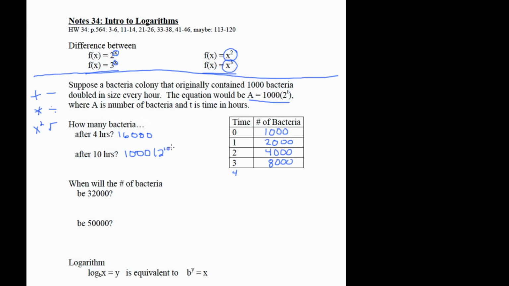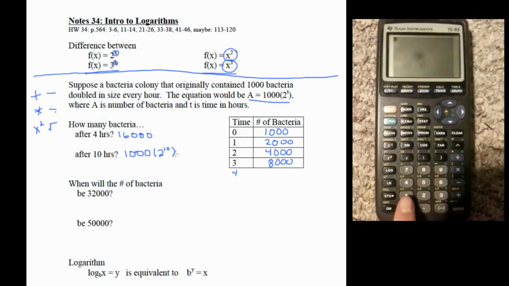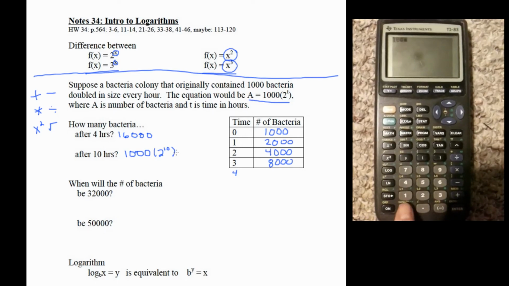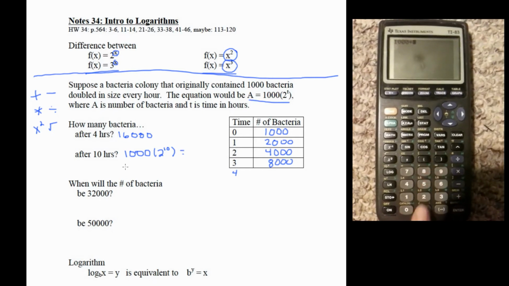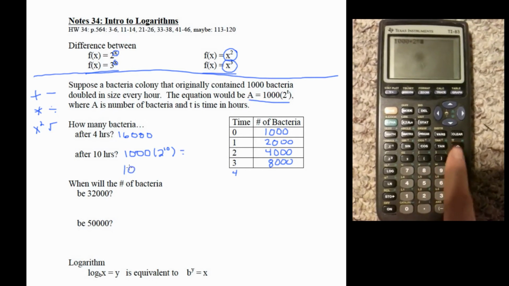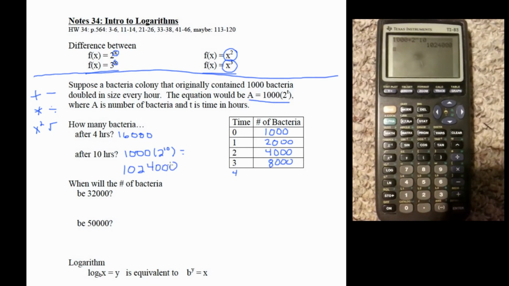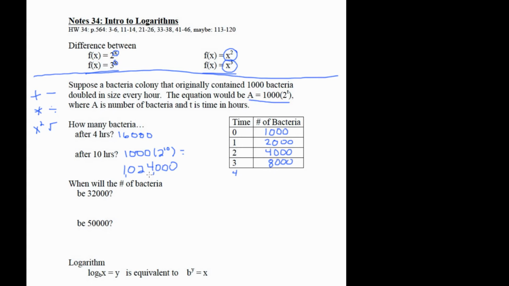If we put 10 in for the t, and then use our calculator, 1,000 times 2 to the 10th, we'll get 1,024,000 bacteria. Okay, no need for logs yet.